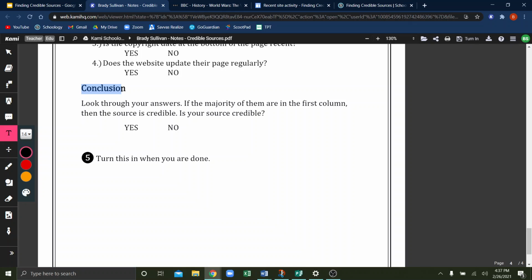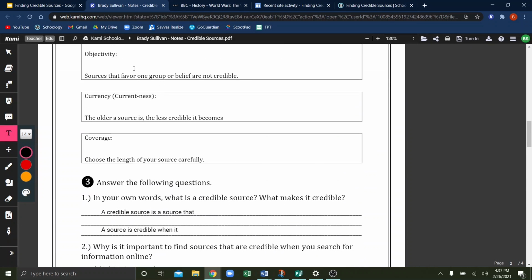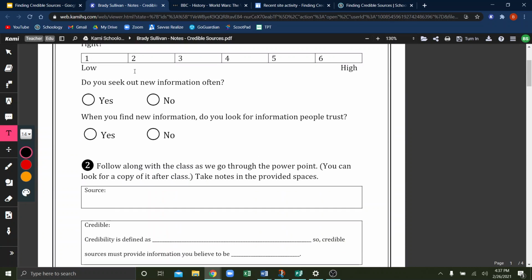So, conclusion. I've been talking to you for 35 minutes, and you've been pausing to update your notes. 45 minutes ago, let's say, we started looking at what it means to have a reliable, credible source.